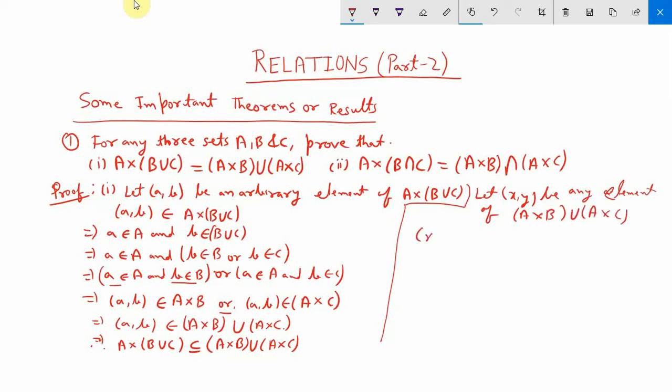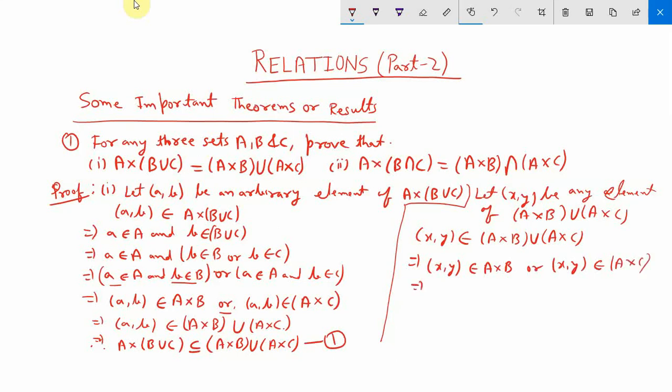So (x, y) is an element of (A cross B) union (A cross C). This one is 1. So this we can write as (x, y) is an element of A cross B, or (x, y) is an element of A cross C.